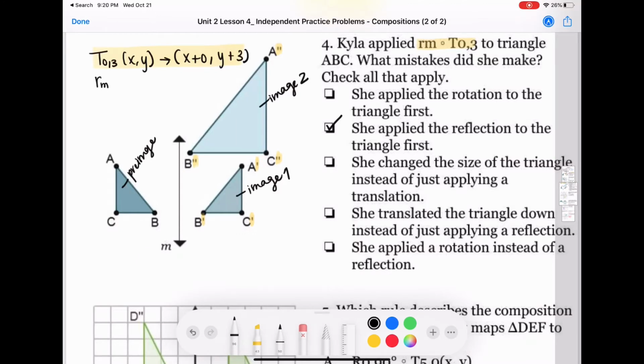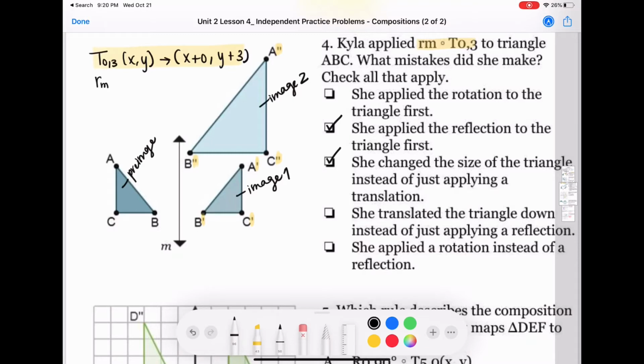So we want to look for the statement that explains this, and that is this one. She changed the size of the triangle instead of just applying a transformation. These are the only two mistakes that I can identify, but let's read the other statements just to make sure. She applied the rotation to the triangle first.